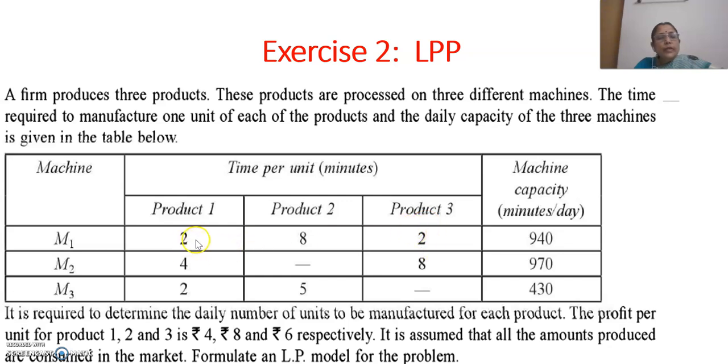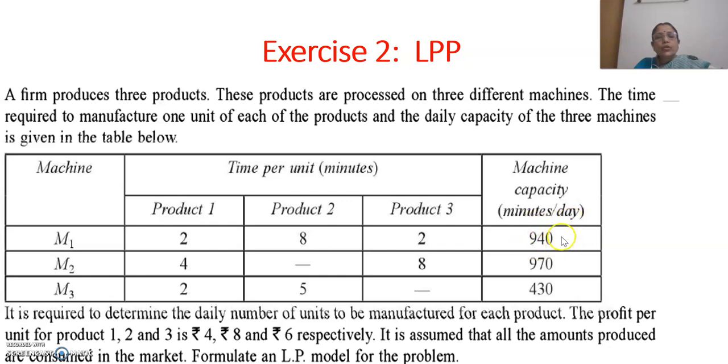So, we are going to manufacture per day x1 units of product 1, x2 units of product 2 and x3 units of product 3. So, the total requirement of machine time with respect to machine M1 is 2 into x1 plus 8 into x2 plus 2 into x3, which should satisfy the available resource, which is 940 minutes per day.